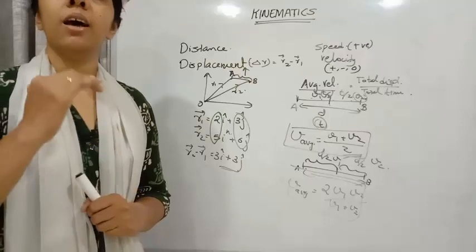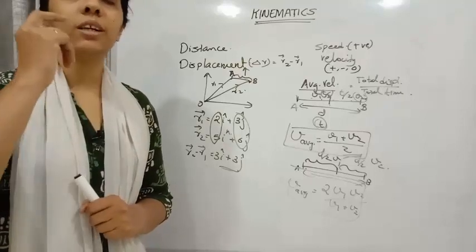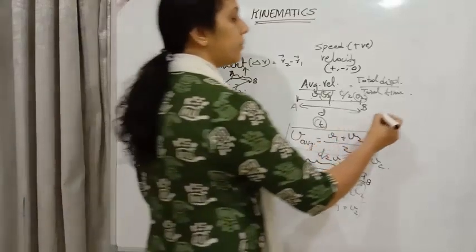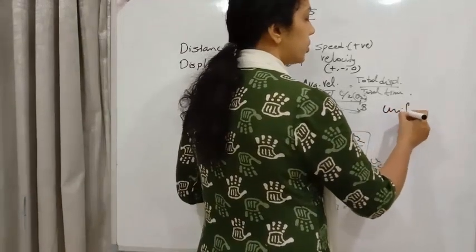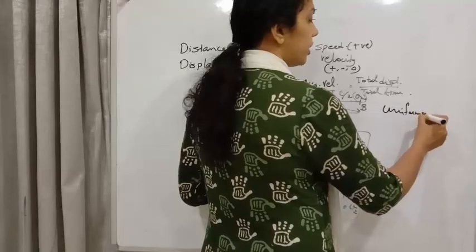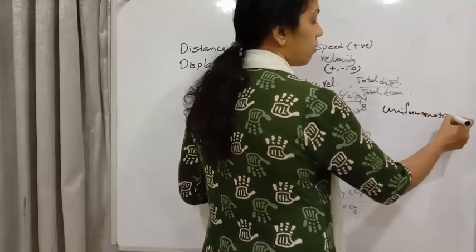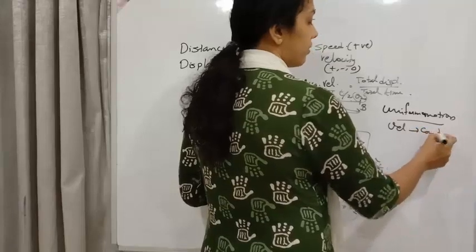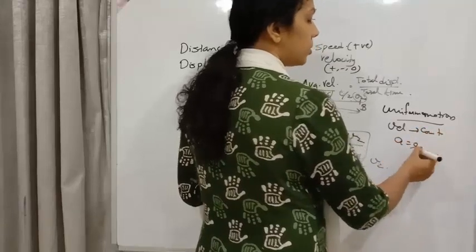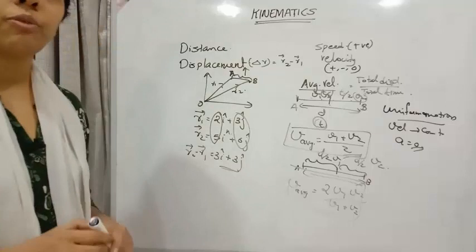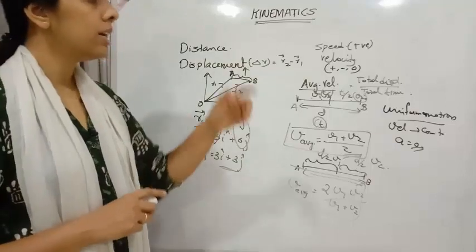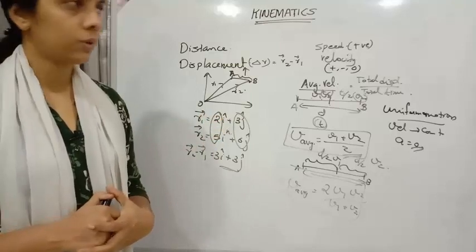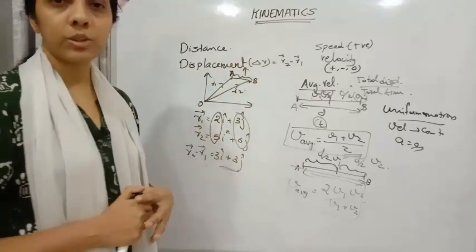Uniform motion means velocity remains constant and therefore acceleration will be equal to 0. This is about the average velocity.